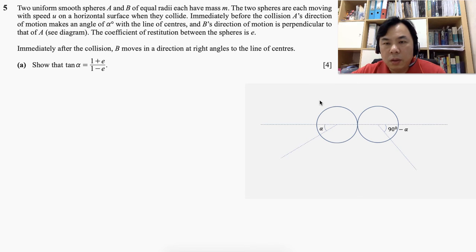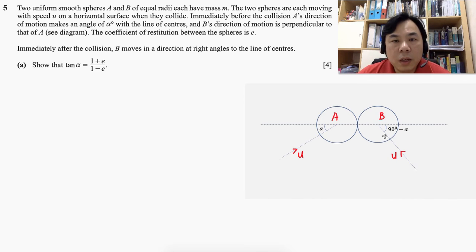So this is A. This is B here. Now each one of them is moving at a speed or velocity u initially, and then they collide. All right, that's how it actually looks like.